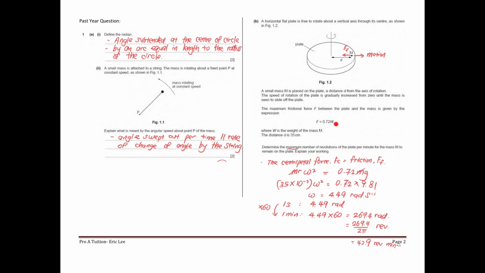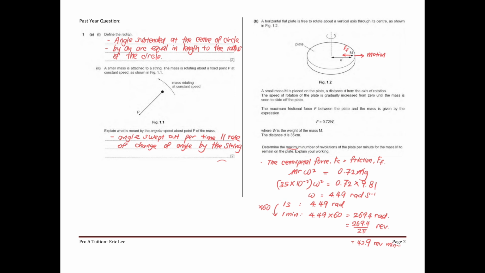So when the number of revolutions is maximum, the frictional force will be maximum also. That is how we relate the maximum number of revolutions and the maximum frictional force here. When this is maximum, this will be maximum as well.